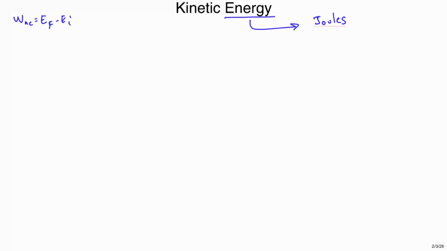What units does work have if joules is over here? If this is a joule minus a joule, what's over here? It has to be a joule. So work and energy share the same unit. We also know that work is force times distance, cosine of the angle, right?